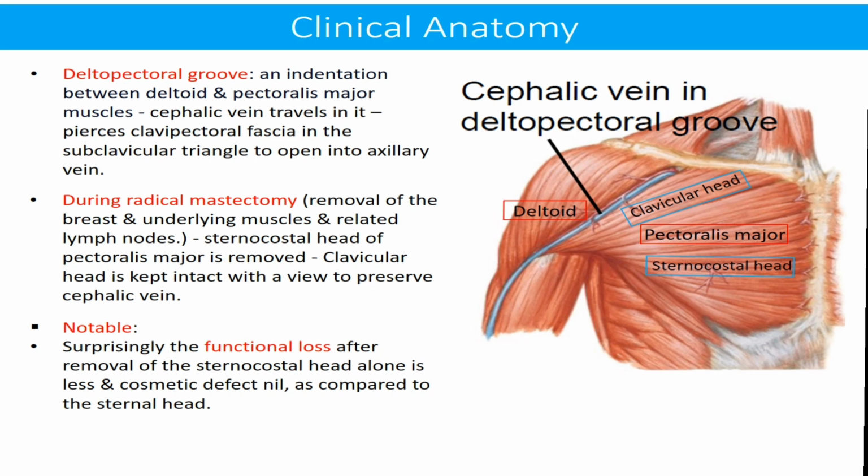A notable point in this process is that, surprisingly, the functional loss after removal of the sternocostal head alone is less and cosmetic defect nil as compared to the removal of the sternal head of the pectoralis major muscle.